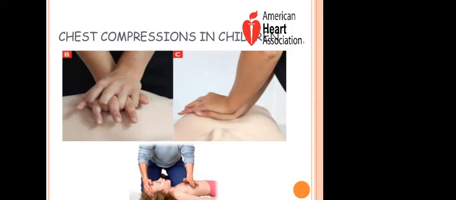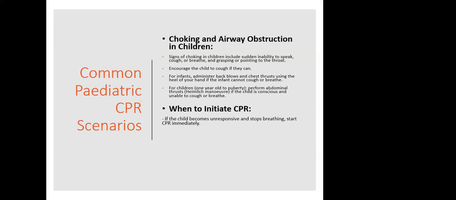With your elbow straight, you want to compress to about 4 to 5 centimeters in the older child, at the rate of 100 to 120 compressions per minute. The effectiveness of chest compression determines a lot of times the outcome of CPR in children, even in adults.